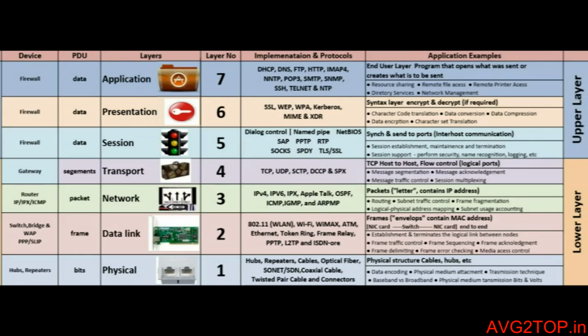Some of the devices which act in the physical layer are hubs and repeaters, because hubs and repeaters connect various computers together but do not have much functionality compared to other networking devices.